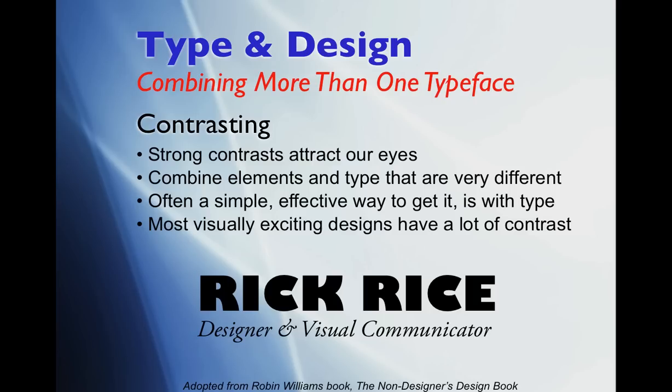And here, again, look at the example here at the bottom of the page. My name is in what we call a sans serif. Doesn't have the little feet. Big, bold, blocky typeface. And then below it, for designer and visual communicator, I used a dramatically thinner serif italic. Serif means it has those little feet on all of the letters.